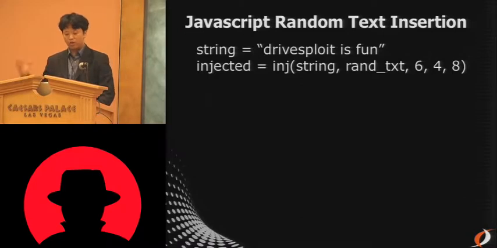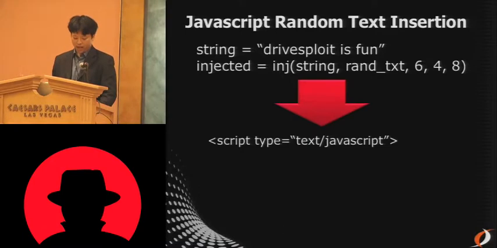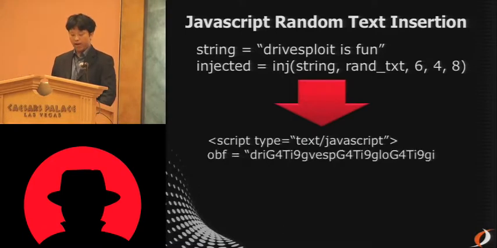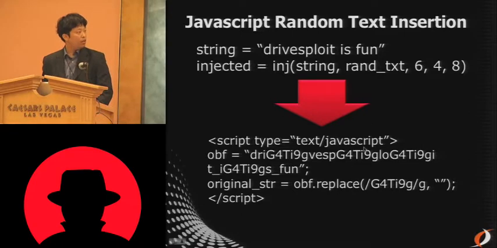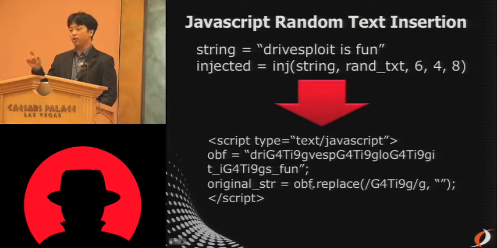So here you have a string: Drivesploit is fun. You call the injection function, and it generates a JavaScript along with the deobfuscation JavaScript. It generates this string, assigns it to a variable, and also generates the regular expression deobfuscation to take out the randomly generated inserted string.